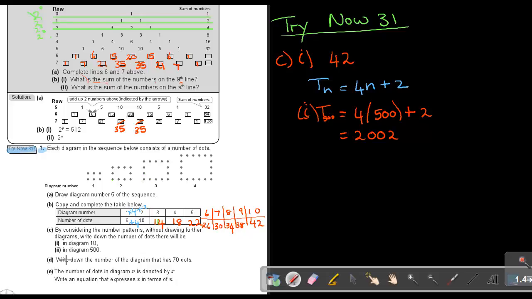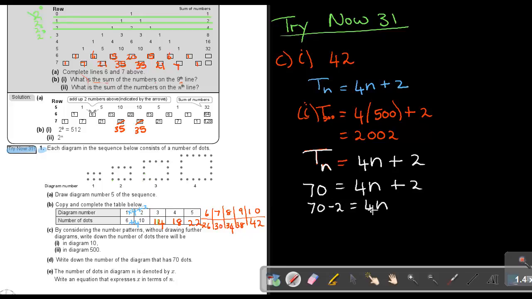Then write down the number of the diagram that has 70 dots. Now, it's actually just taking that formula, and I want to get the value of n. So if I put 70 here and solve the equation, 70 minus 2 is 68.